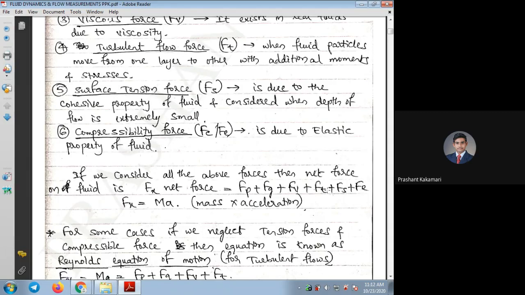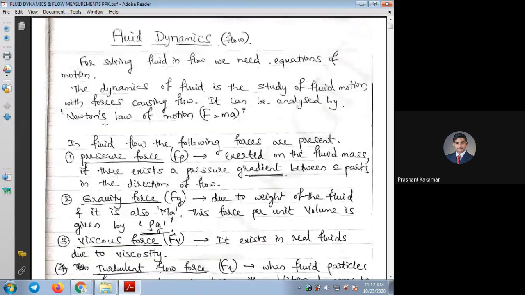Due to all these forces added here, the fluid is going to move, and that fluid is going to move in the direction of the force applied only. That's why we can consider the force applied in a given direction, or the net force, as mass into acceleration. Okay, this mass into acceleration we have taken from Newton's second law.